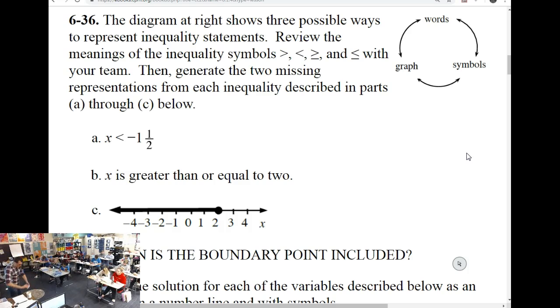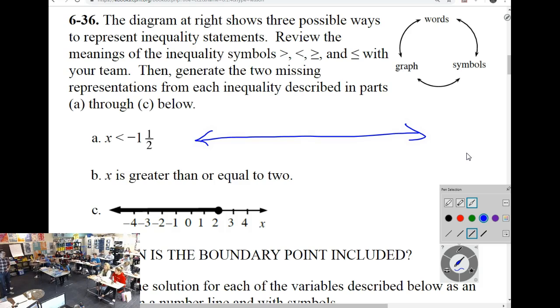Professional? Alana, when you write A in words, how does it read back? Absolutely. X is less than negative 1.5. Then when I go to graph it, Layla, talk me through how I make one of these graphs. Okay, so you need to make a number line. Okay, check. And then you should make a point for negative 1.5.